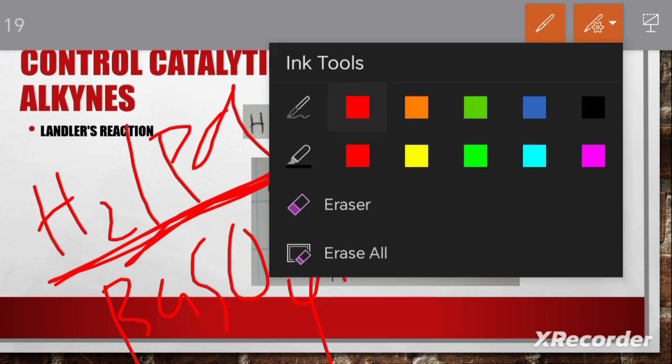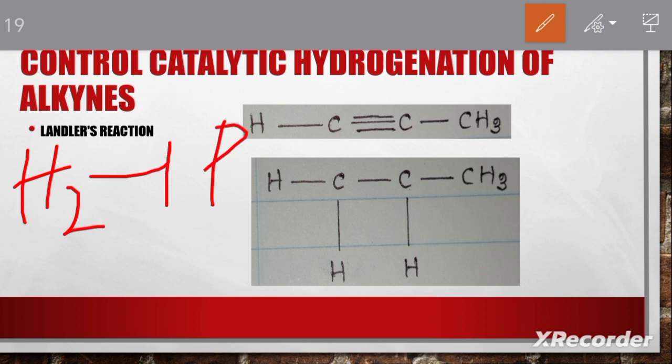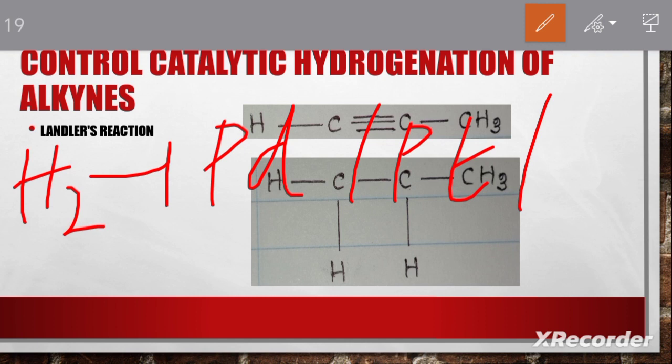right? So in hydrogenation we use hydrogen with palladium, platinum and nickel, right?